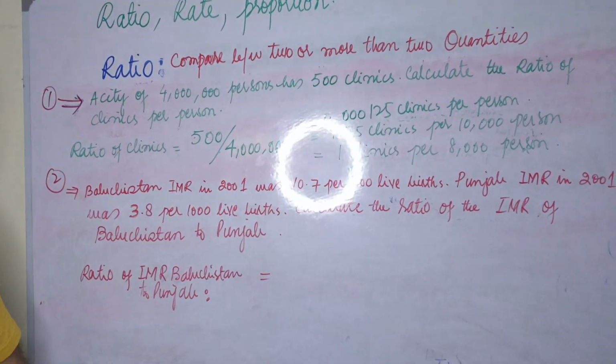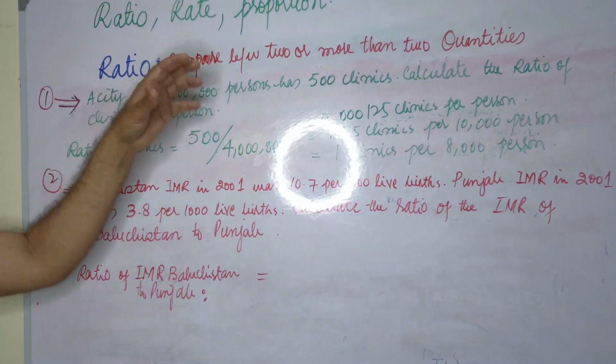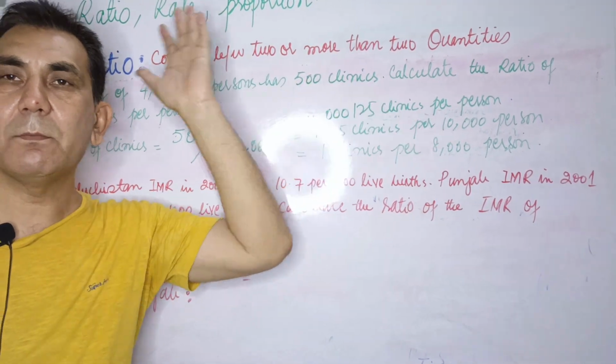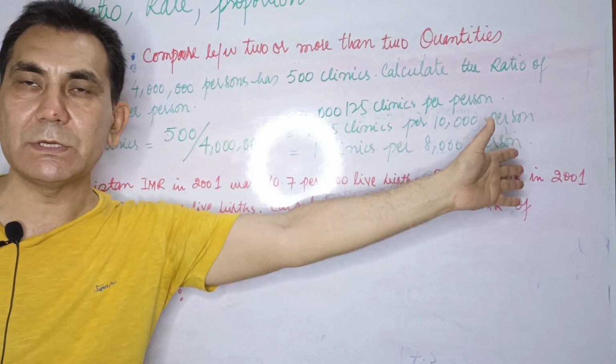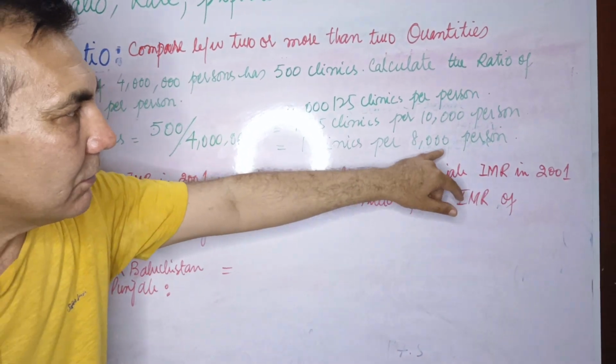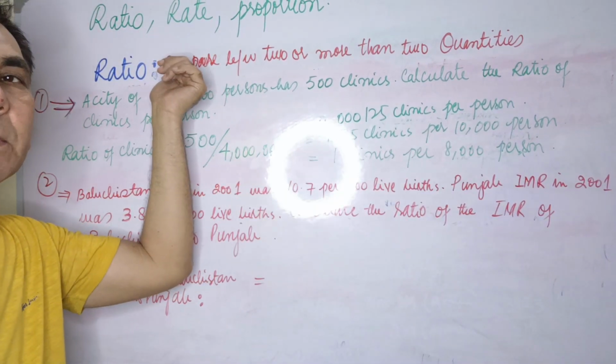So in this example we calculated the ratio of clinics per person, or per available population, of that particular city: one clinic per 8,000 persons.